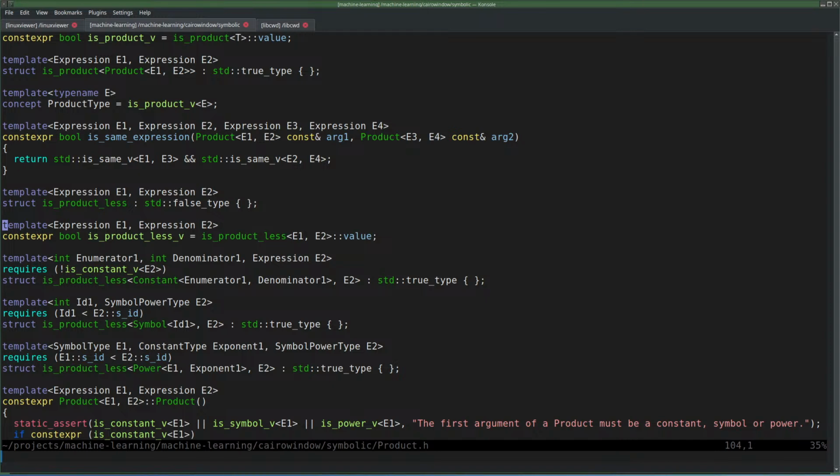Oh, is that even possible? I think it is possible. Nah, I have to declare it. Then I have to forward declare this one, or maybe.